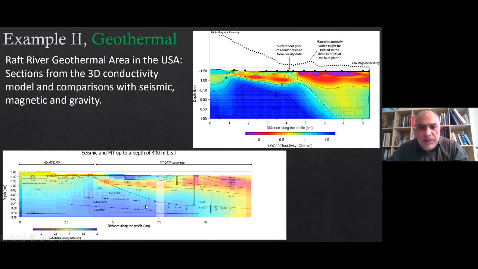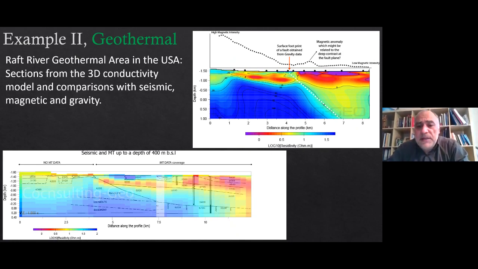On that section here, I've also extracted a section from the 3D conductivity model and overlaid it with an old seismic interpretation. As you can see here, there is a good correlation between many interfaces obtained from the seismic as well as the conductive anomaly at this part of the model.